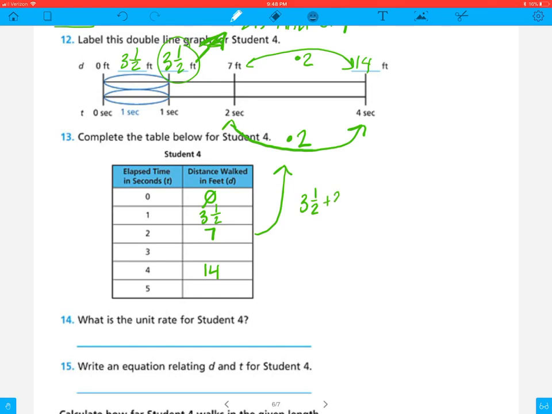So I know 3.5 plus 3.5 is equal to 7, and if I add 3.5 to that, I'm going to find my answer for every 3 feet, which, remember, multiplication is repeated addition.